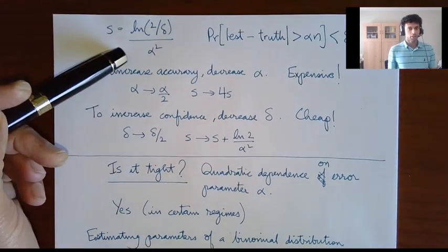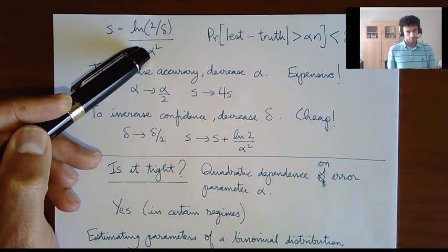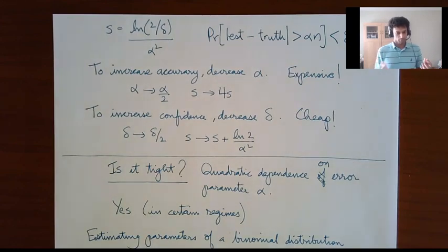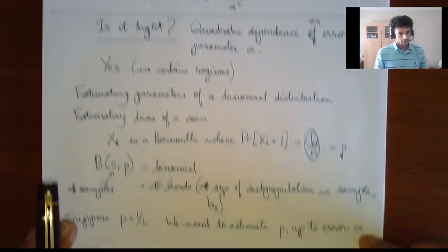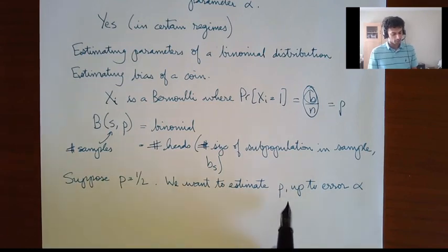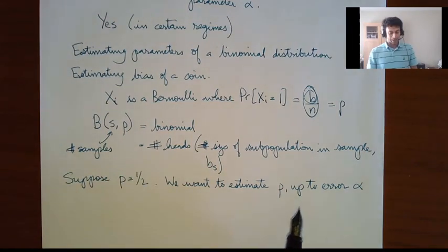There are situations where you cannot beat the quadratic dependence. On the other hand, there are situations where you actually can improve on the quadratic dependence for certain regimes of the parameters. And it's important for us to understand both these regimes. So here is the regime where we cannot beat the quadratic dependence. Suppose the probability was half. So you want to estimate this probability up to an error of alpha.